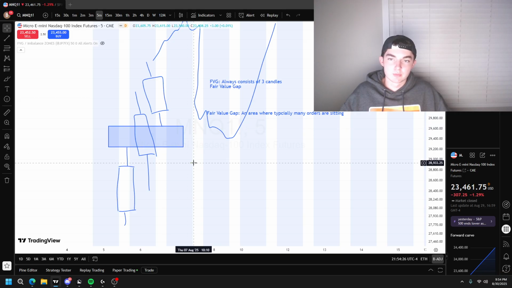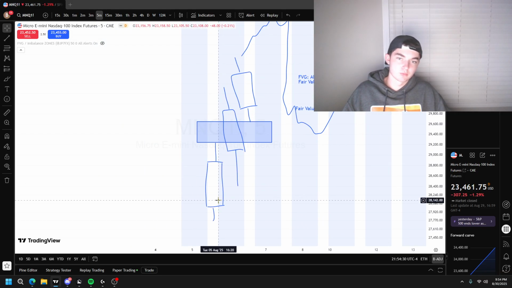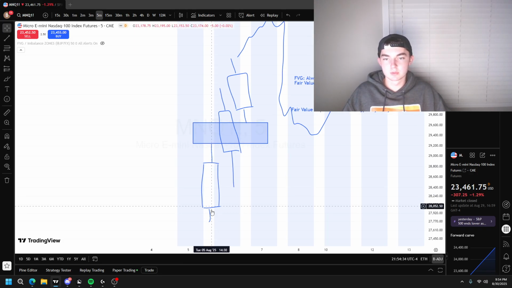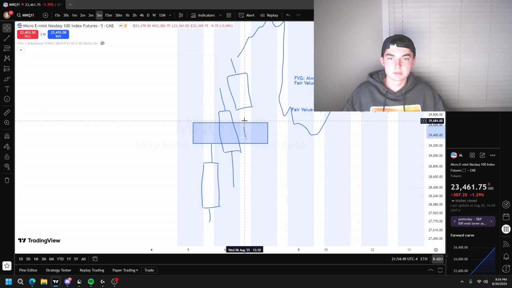A fair value gap really just means, where did price go? So price started here in the middle of this gap, comes down, comes down, comes down, comes up, comes down. Opens. All right, this wouldn't be correct because this would be like here-ish, but price opens, goes up, goes down, goes up, closes up here, price goes down, comes down here.